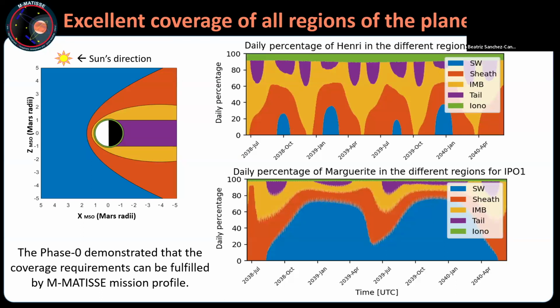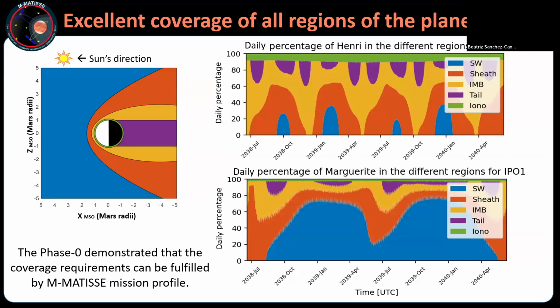And with regards to the coverage, I'm finishing, no worries. With regards to the coverage, the current orbits that we have, ESA is working on giving some optimization of them, but they're actually quite nice for what we want to do. Here on the left, we have a simple scheme of the system with colors, and on your right we have the daily percentage of coverage of both orbits.